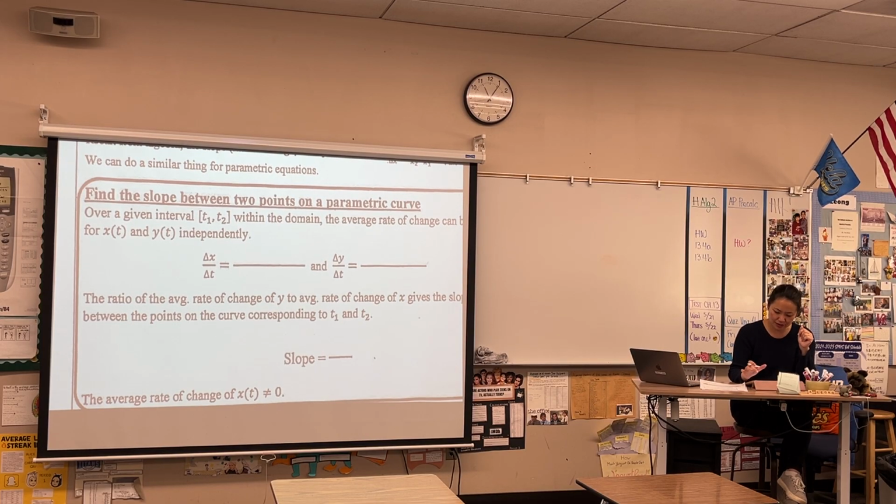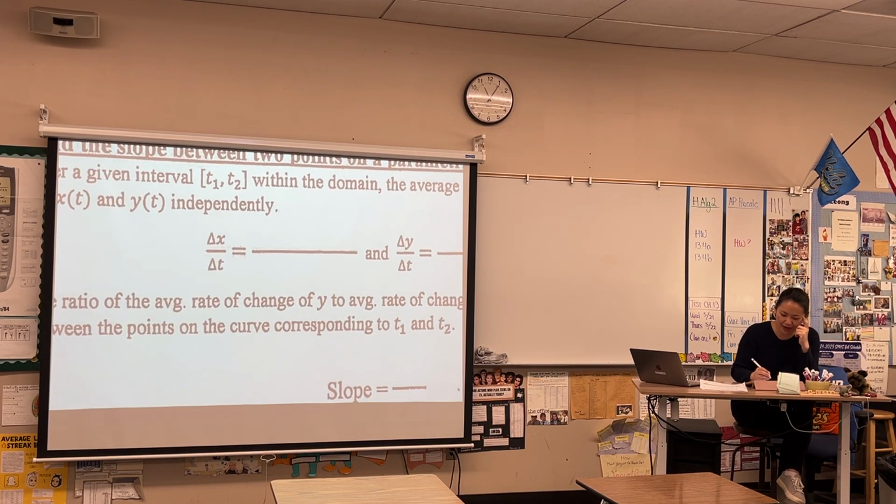So then this change of x is gonna be x of t sub 2 minus x of t sub 1. Oh, sorry, I don't know why I made that so small. There we go. Over t2 minus t1.